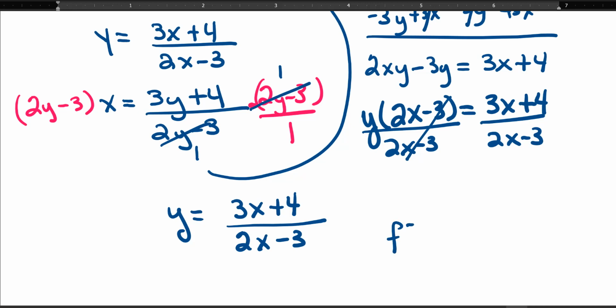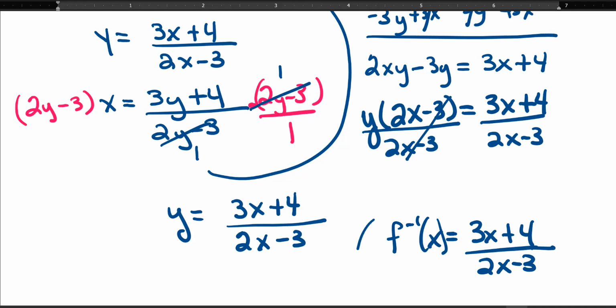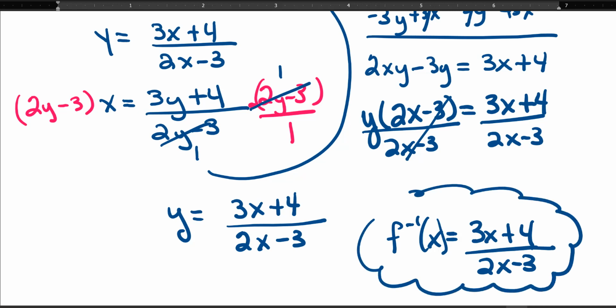So f inverse of x equals 3x plus 4 over 2x minus 3. What do you think the domain and range would be for this example? Okay, and we'll discuss that next class as well.